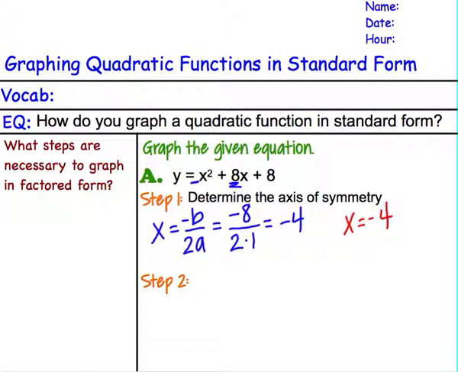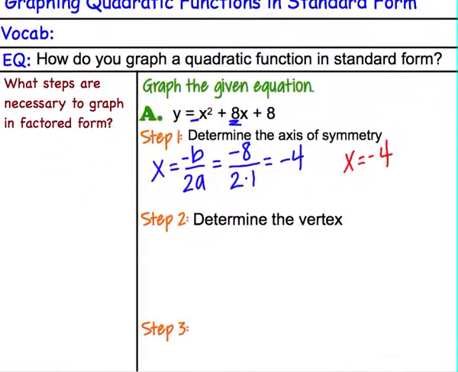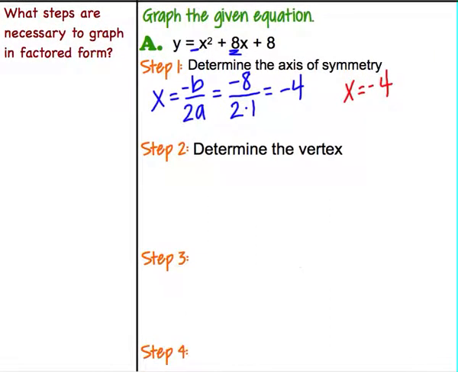The second piece to our puzzle is going to be to determine that vertex, which, if you recall once again, is to take this axis of symmetry here and put it into the original equation to get our y. So now we have y equals x squared, which is negative 4 squared, plus 8x, so 8 times negative 4, and then we have plus 8.